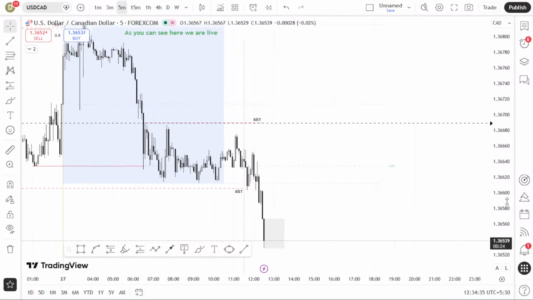So basically, once we find a setup, once we see that there is an opportunity to trade, to buy or to sell, we will look at the lower time frame. The lower time frame will indicate that the control of price has shifted.